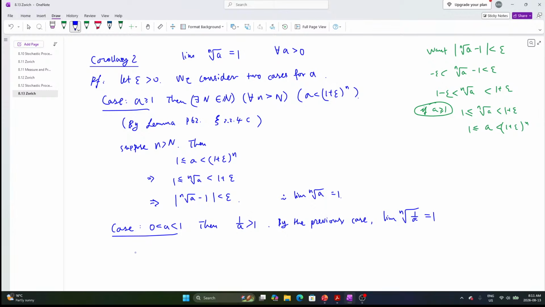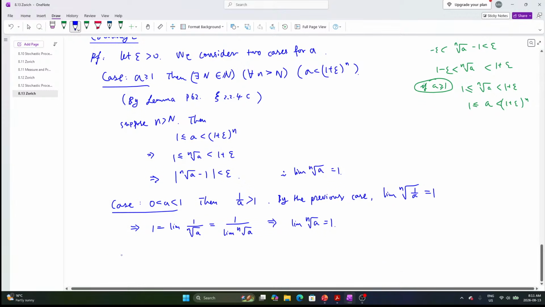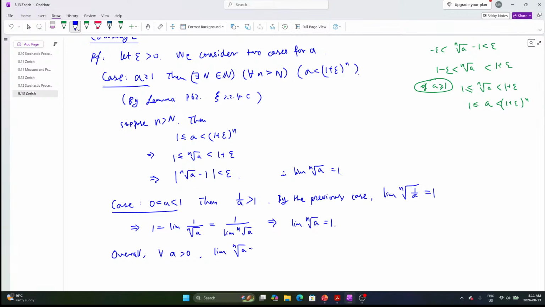So basically, now you can use a limit law and the rule for the nth root. So therefore, 1 equals the limit of 1 over the nth root of a, which is 1 over the limit of the nth root of a. And as a result, the limit of the nth root of a is 1 as well. So in both cases, combining the two cases overall, for all a greater than 0, the limit of the nth root of a is 1. So we're done.